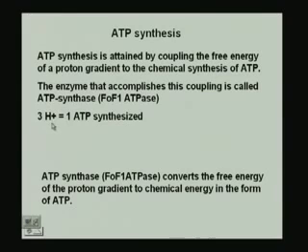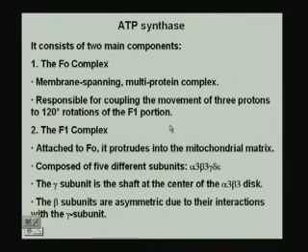Now, this converts the free energy from the proton gradient which we just looked at to the chemical energy in the form of ATP. The protein itself is composed of two main components.